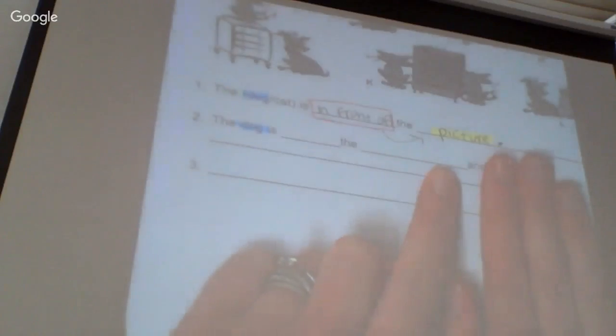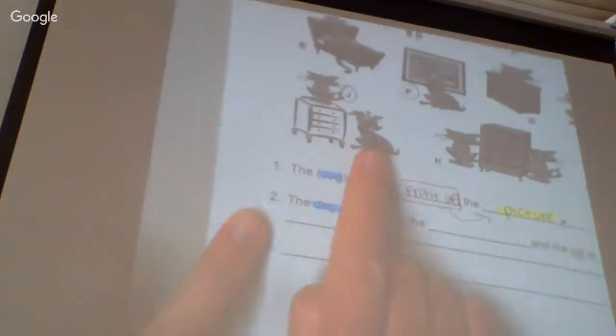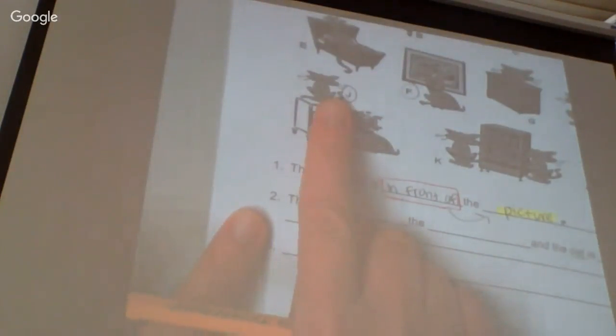So I'm only going to look at the first part and then I'll go to the second part. So the dog is, I need to look in the pictures for a picture with a dog and a cat. I see, oh, Jay. Jay has a dog and a cat.